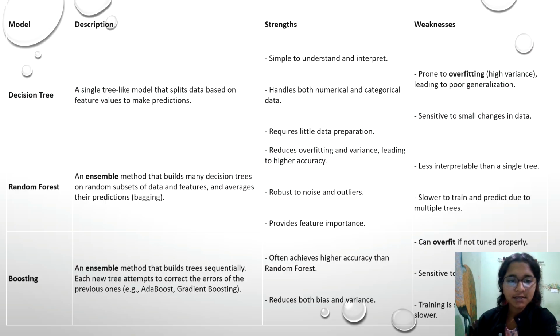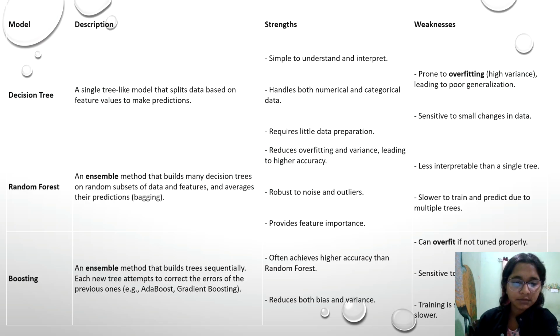Random forest is an ensemble method that builds many decision trees on random subsets of data and features and averages predictions. Strengths: reduces overfitting and variance, leading to higher accuracy, robust to noise and outliers, provides feature importance. Weaknesses: less interpretable than a single tree, slower to train and predict due to multiple trees.